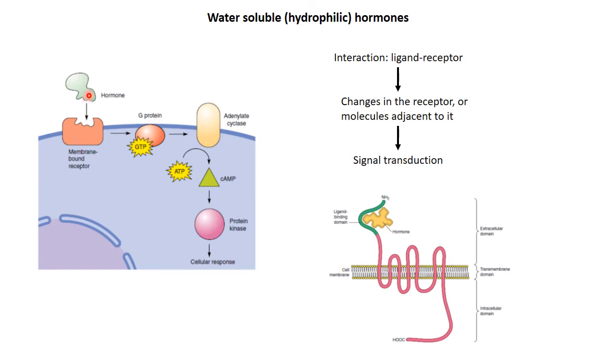So the binding of the hormone to its membrane bound receptor will lead to a signaling cascade, which will lead to an activation of many enzymes, and this will lead to a cellular response. And so that's how the hydrophilic or water soluble hormone can induce a response inside of the cell.